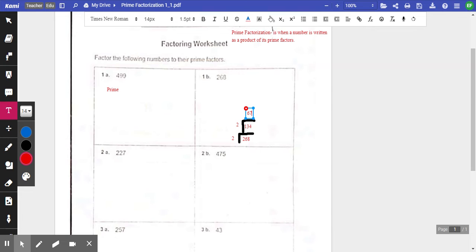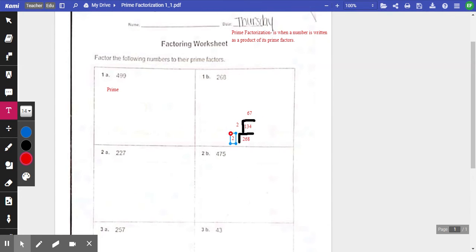And we're looking at our prime number chart to see, is that number a prime number or do we need to divide again? So if I'm looking at my prime number chart, I can see that 67 is prime. Now, this does not complete our work.